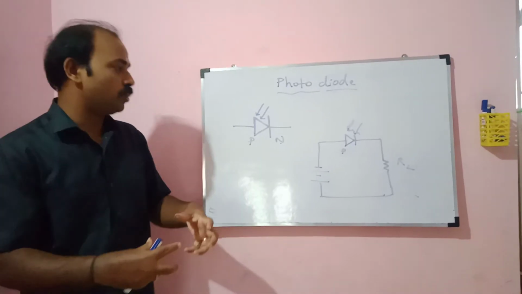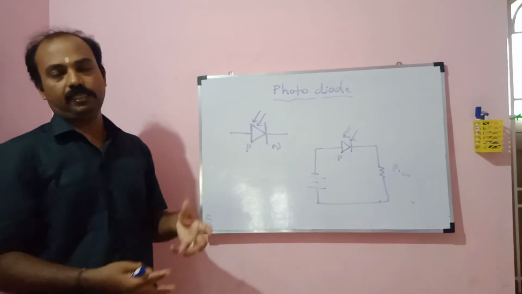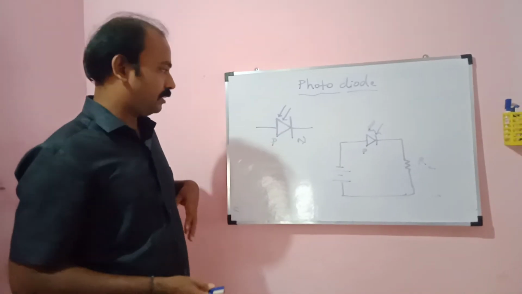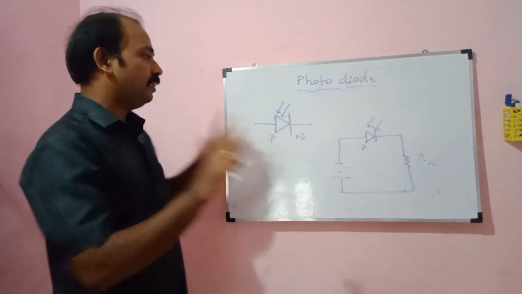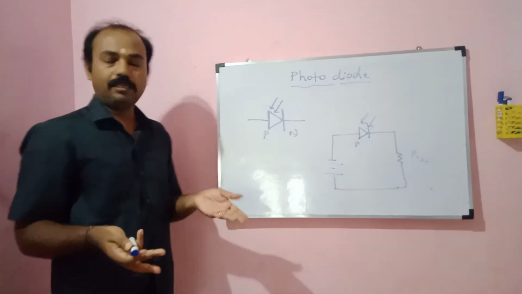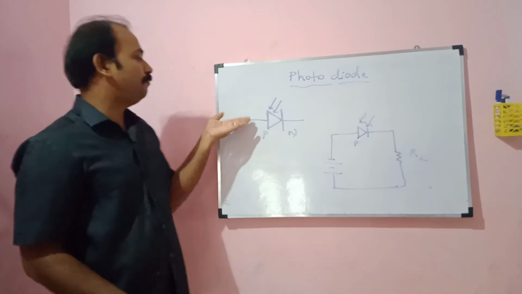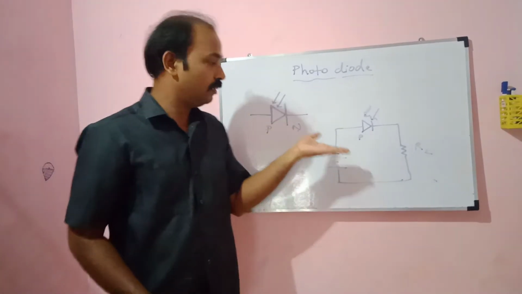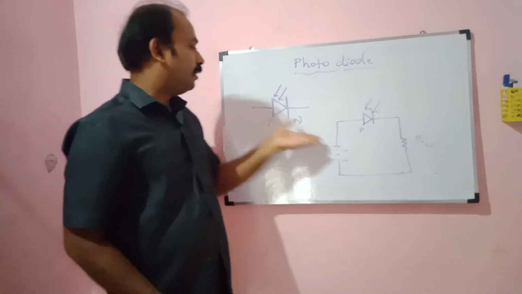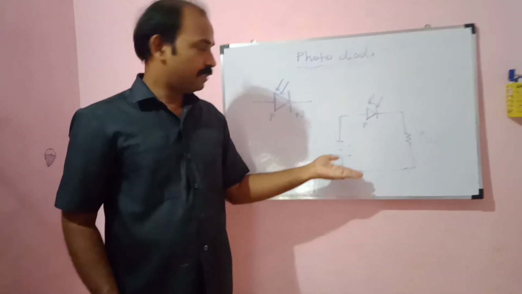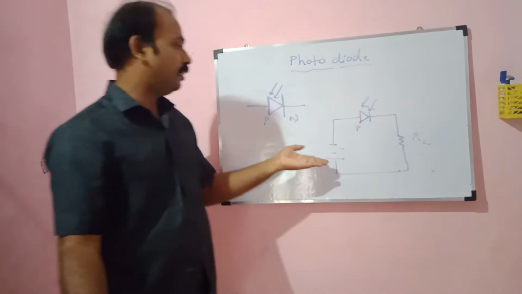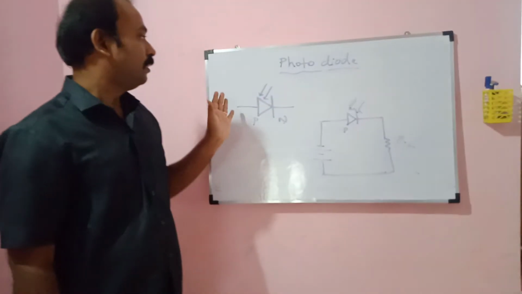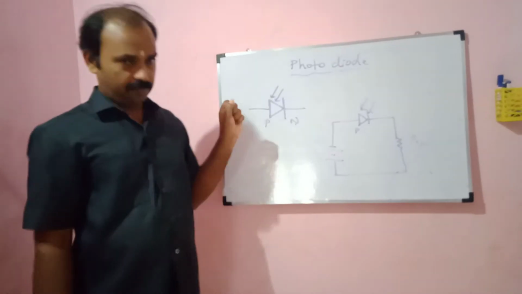Based on the intensity of the light exposed, the reverse current will be produced. It is a very simple construction, nothing but a P type semiconductor and an N type semiconductor together forming a PN junction diode, provided with reverse bias through the load resistance. So this is about the construction.